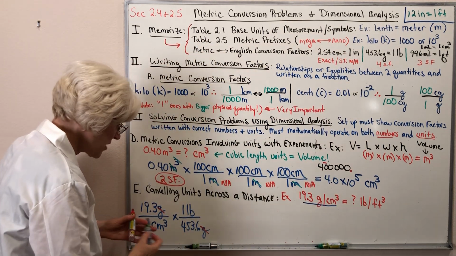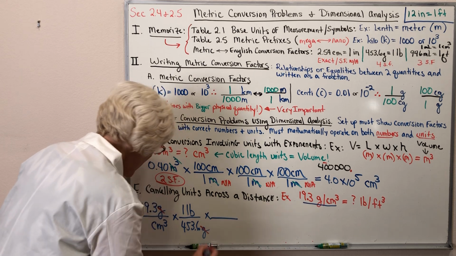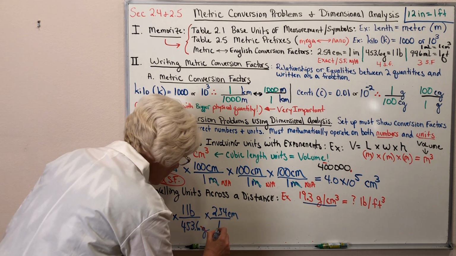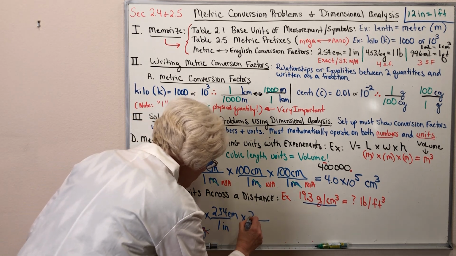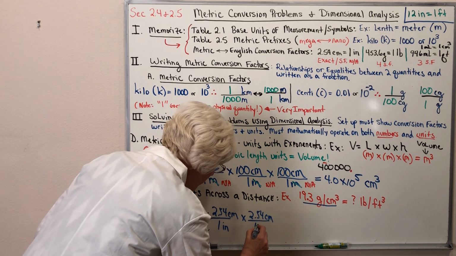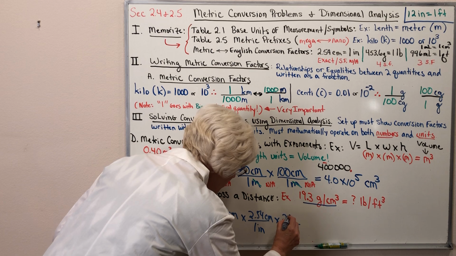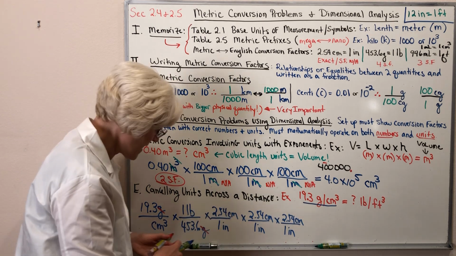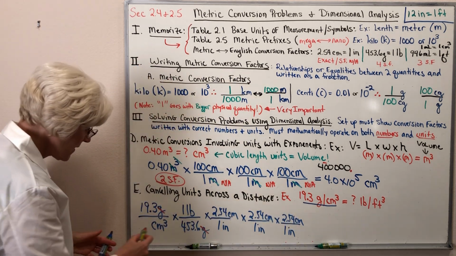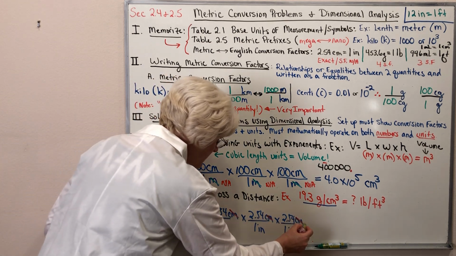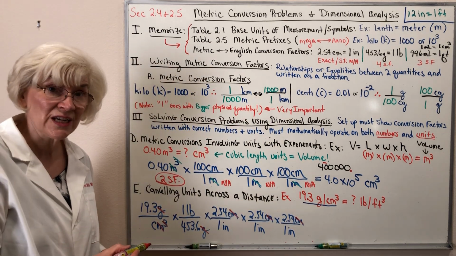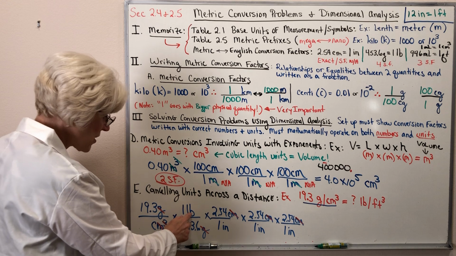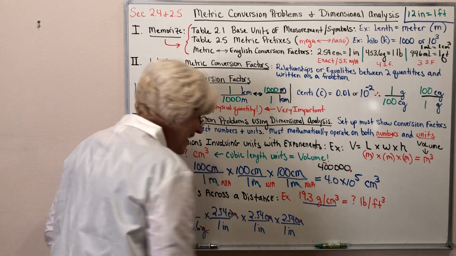That's a length conversion, but if I write that length conversion 3 times, 2.54 centimeters over 1 inch times 2.54 centimeters over 1 inch times 2.54 centimeters over 1 inch, I see that I have been able to cancel out my cubic centimeter units, and I now have cubic inches for my unit in the denominator. So right now my setup's showing pounds over cubic inches.